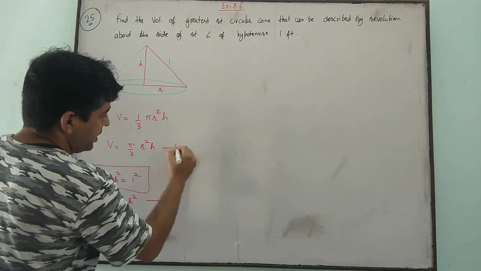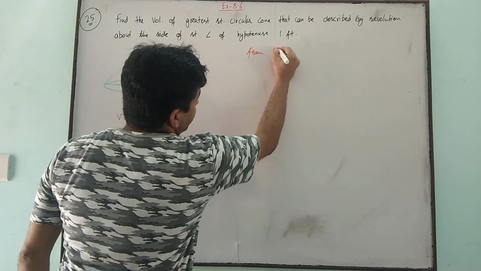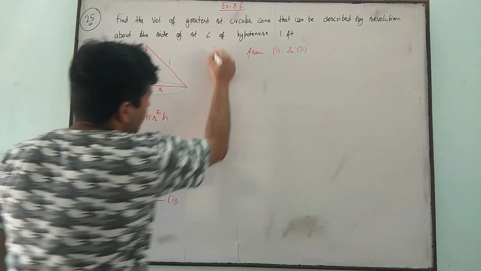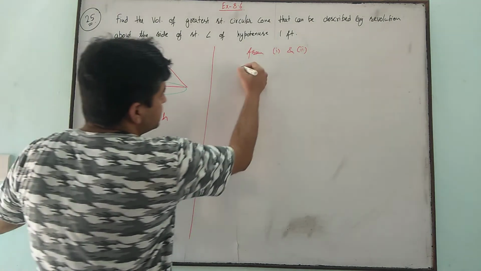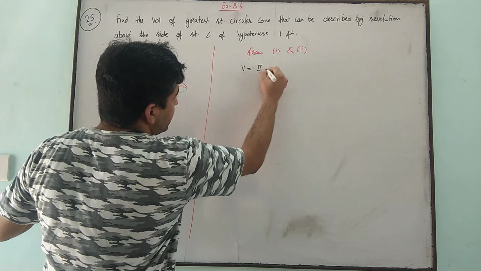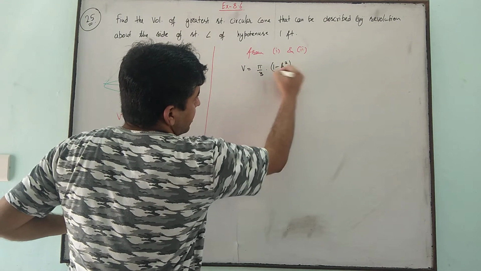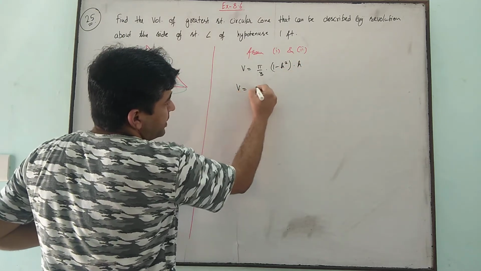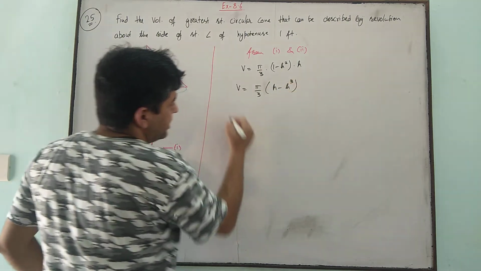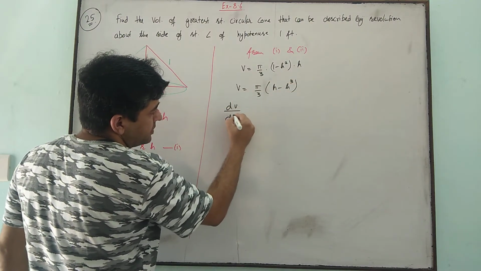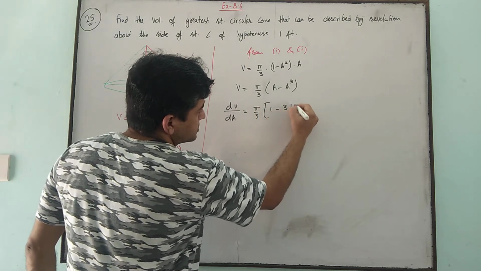Now from equation 1 and 2 we get v is equal to pi by 3, r square is 1 minus h square, into h. So we got volume in terms of a single variable, h, and differentiating with respect to h, we get 1 minus 3h square.